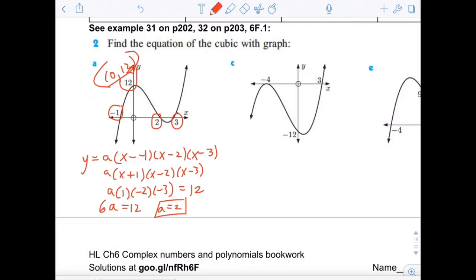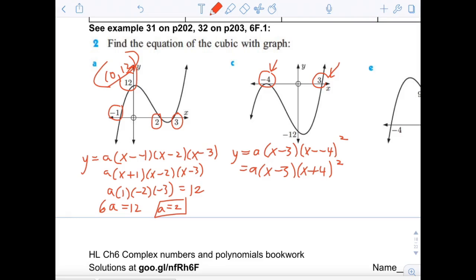So in part C, I have 2 x-intercepts, 3 and -4. So I'm going to write that this cubic is going to be x minus 3. And you can see that 3 is a single root and -4 is a double root. So it would be (x minus -4) squared. So it would be a times (x minus 3) times (x plus 4) squared.